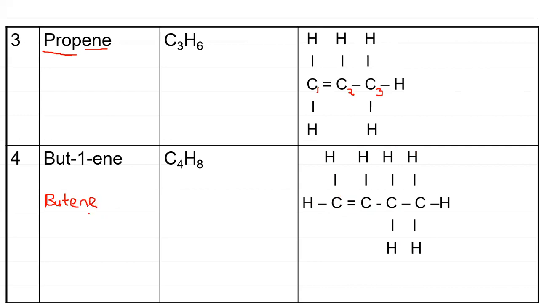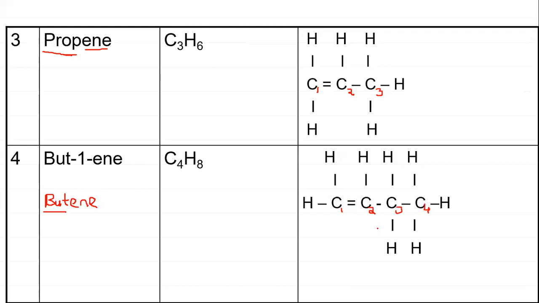But there's something that I really want to indicate to you there. This is a butene, because the parent chain is 4 carbons long, and ene because I have a double bond there. But you see this double bond, from how I've numbered this, it's carbon 1, 2, 3, 4.